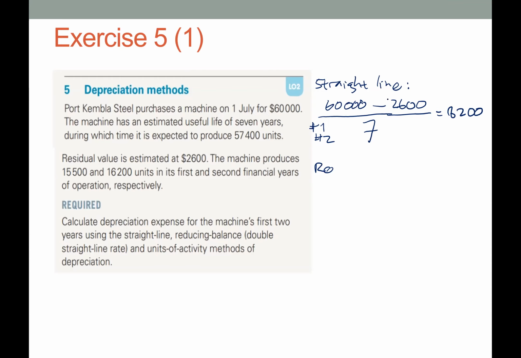For straight line method it should be the same from the beginning up to the end of the economic life. So the question just relates more to reducing balance and stuff. For straight line method, from year 1 up to year 7, we use the same amount. I just read the question as for the first and second year, so you've got to double it. Okay, cheers.